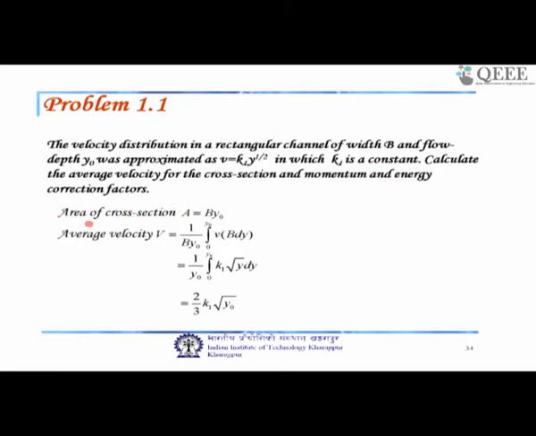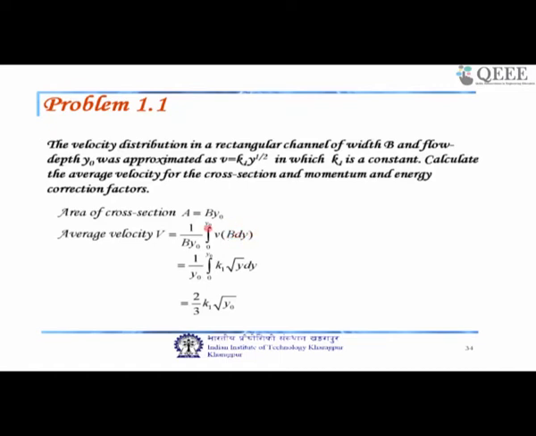So, what is the area? Area of the cross section is b into y naught. What is the average velocity? Velocity, capital V, equals 1 by area, and this is applicable for b into dA. dA is again b into dy, that is the elemental cross sectional area.